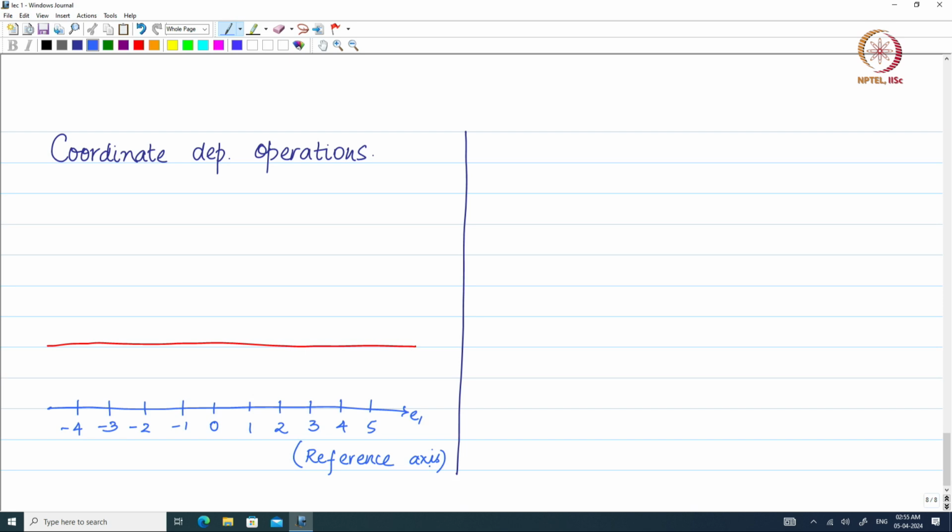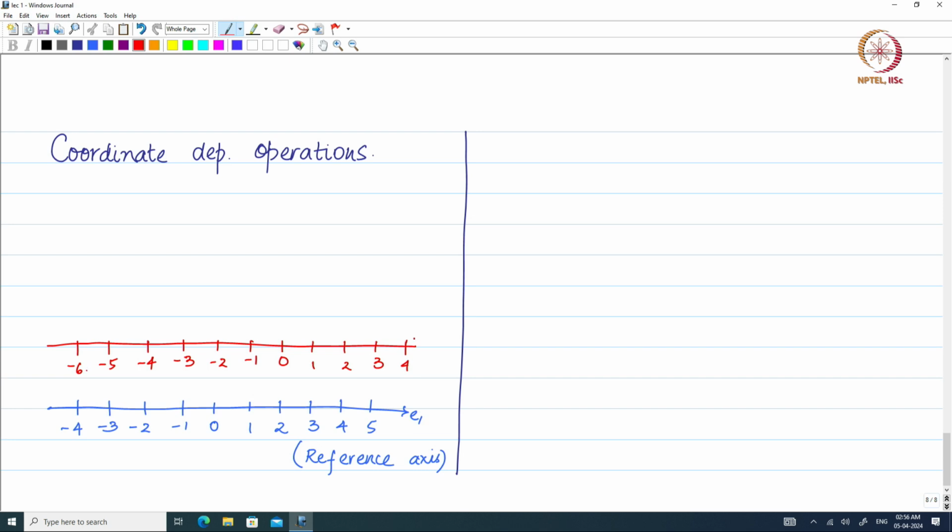Let me have this shifted axis where I am going to do a shift by 2. So, my origin is going to be here in this case. This is going to be 1, 2, 3, 4. This is -1, -2, -3, -4, -5, -6.